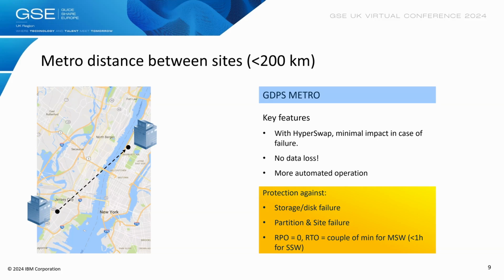This is done automatically by GDPS when it detects the failure on the primary disk, again, provided that you have enabled it in the policy, or it can be done manually using a GDPS script during a maintenance operation, for instance. If you have to apply maintenance to your primary disk subsystem, you can leverage HyperSwap to swap to the secondary, apply your maintenance on the primary, and then go back when the maintenance is finished.